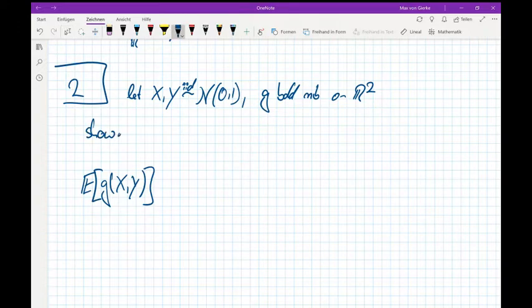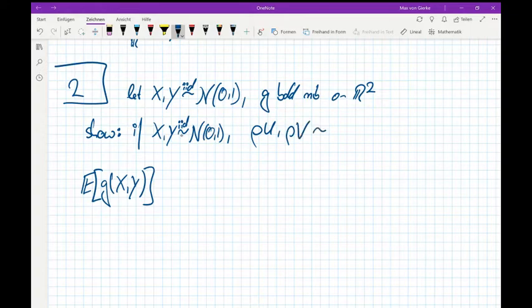What we want to show: if x and y are IID Gaussian, then rho u and rho v are IID Gaussian, for this rho and u and v as in Marsaglia.